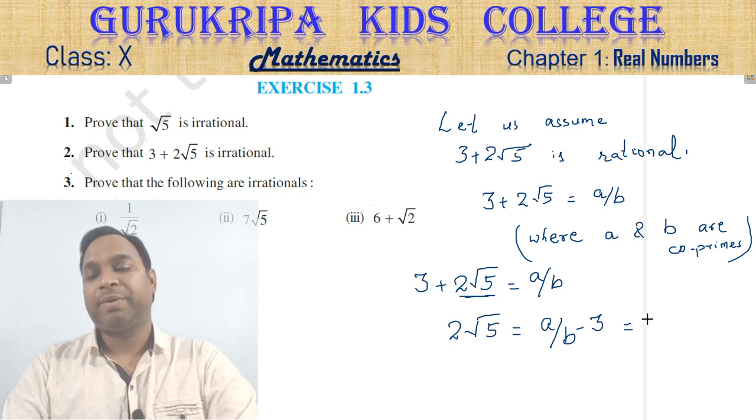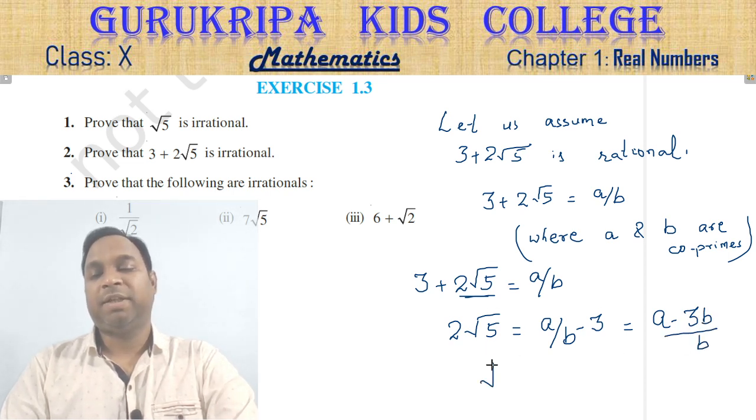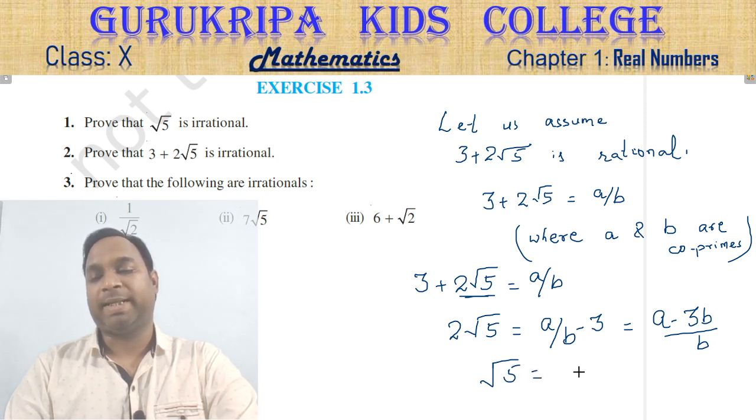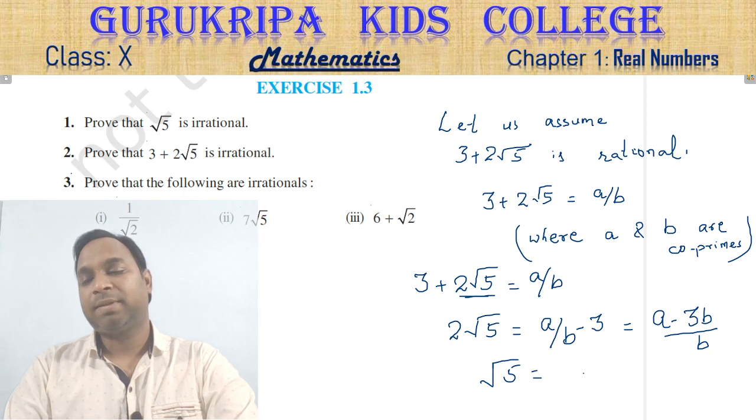What will this be equal to? This will be equal to a minus 3b divided by b. And then just leave this square root 5 on the left side and get the 2 on the right hand side. What do we get? A minus 3b divided by 2b.